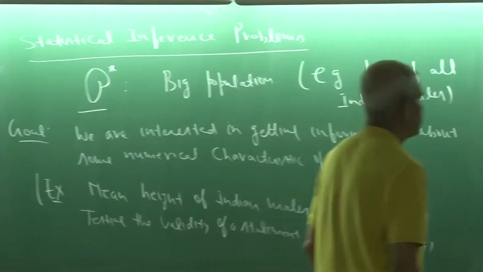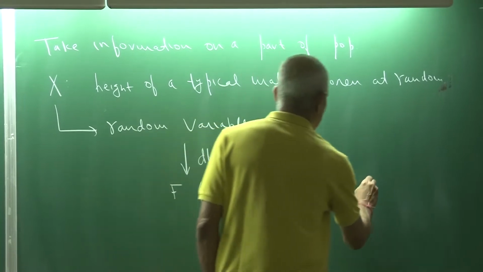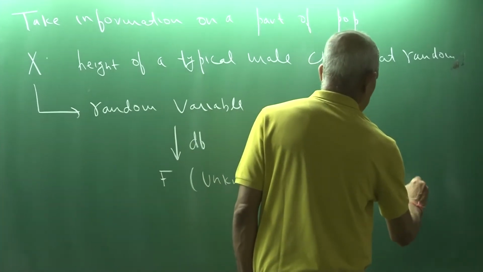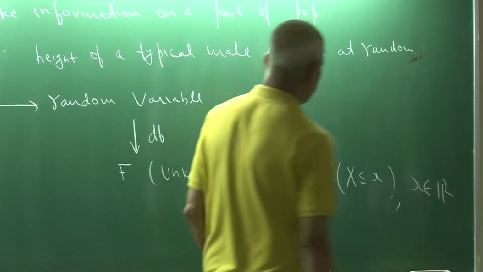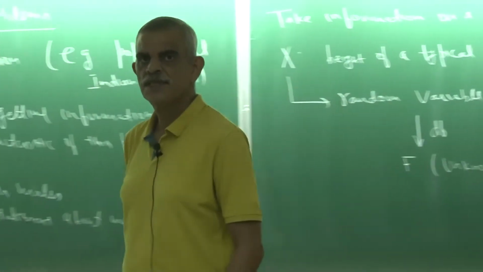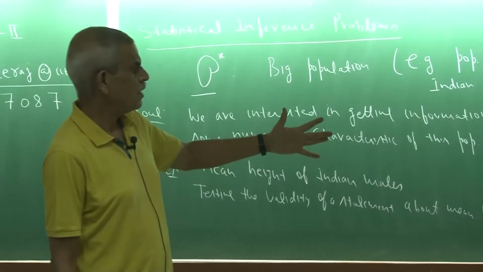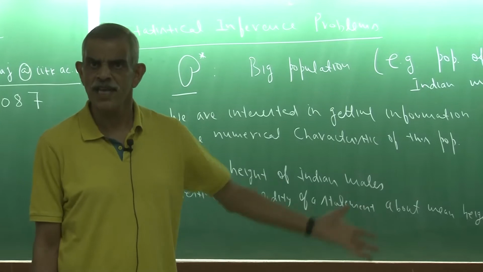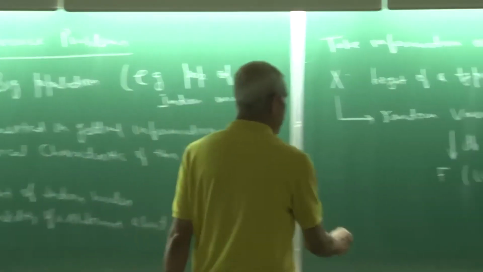What does F(x) give? The distribution function at the point x is nothing but the probability that capital X takes a value less than or equal to small x, and this is defined for any x belonging to R. Of course, if you know F, you know the mean. Since you do not know F, the mean is unknown to you.